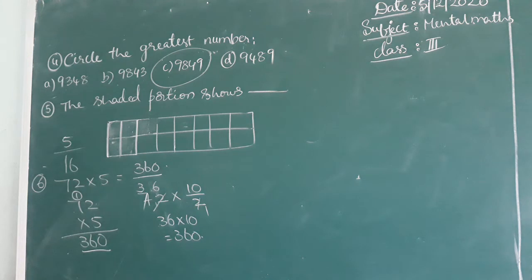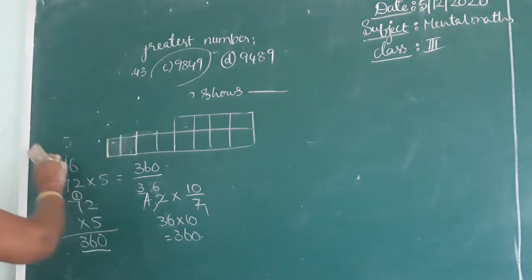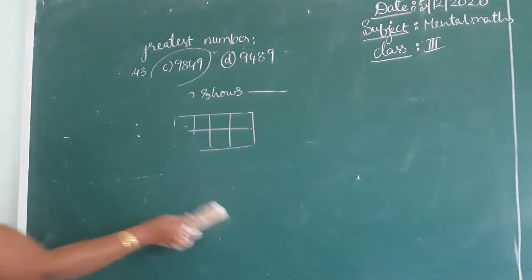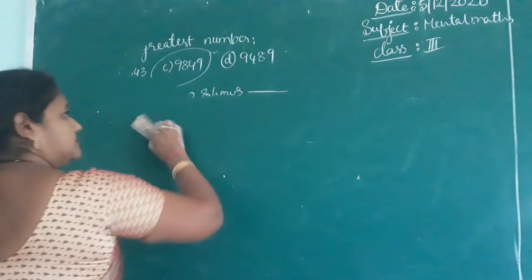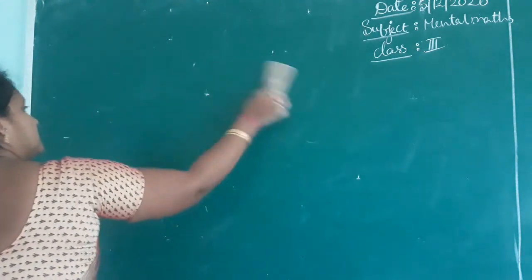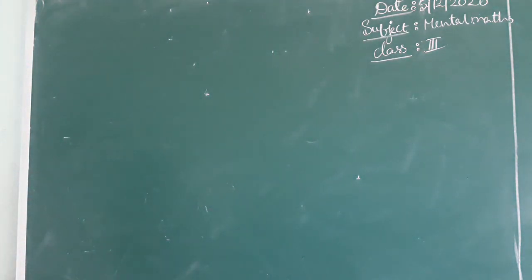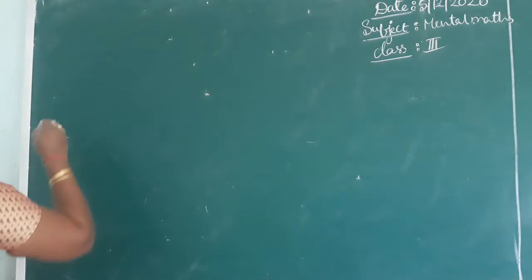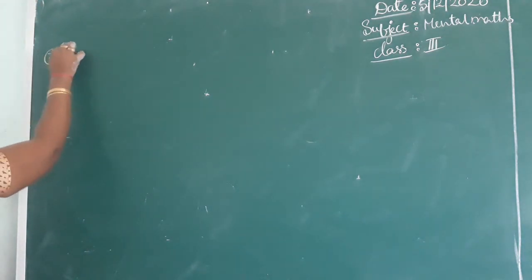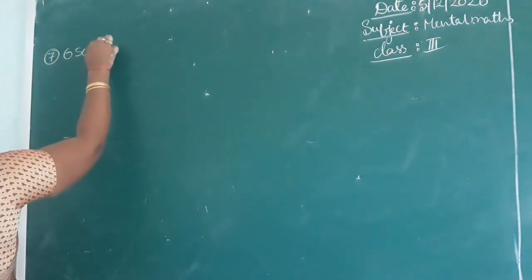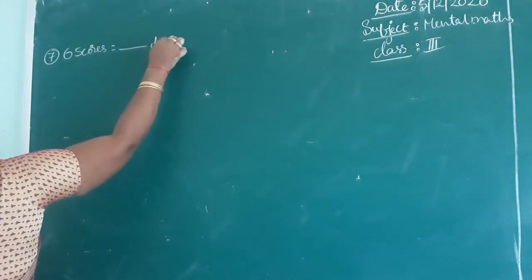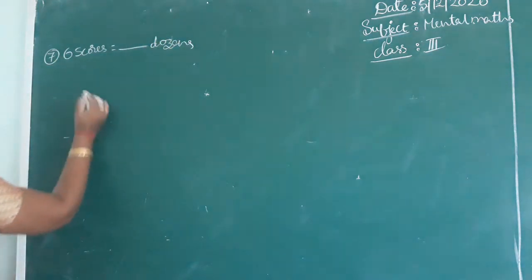Okay, see the next one, 7th one. 6 scores equal to how many dozens?